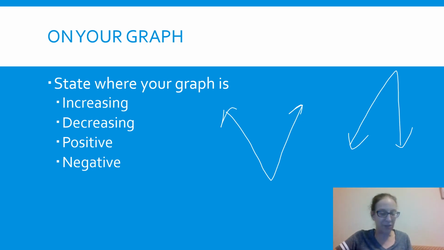Some graphs are always increasing, some graphs are always decreasing, but absolute value does change direction. So you should have an answer for increasing and an answer for decreasing. You might have an answer for positive and negative, or you might only have one of them. Okay, so pause the video and do yours out, and then unpause the video.